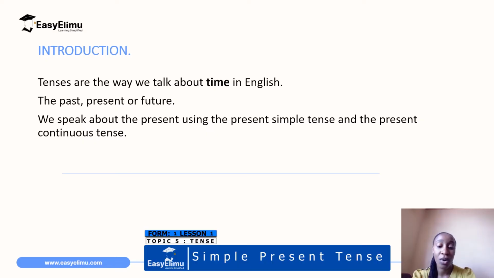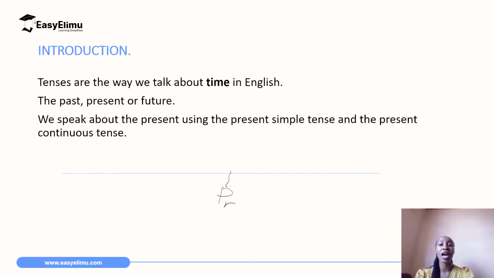So right now, we are in the middle, we are in the present. And then at the far left of that line is the past. And at the other end is the future. So when I say time, I mean the present, the past, and the future.